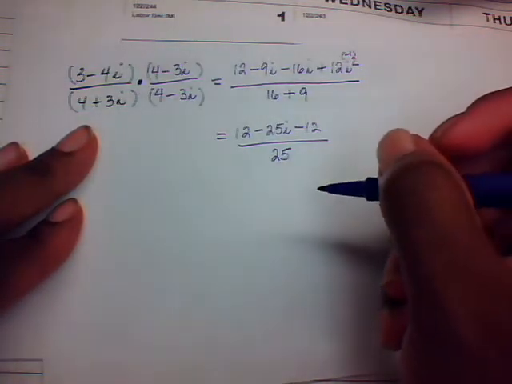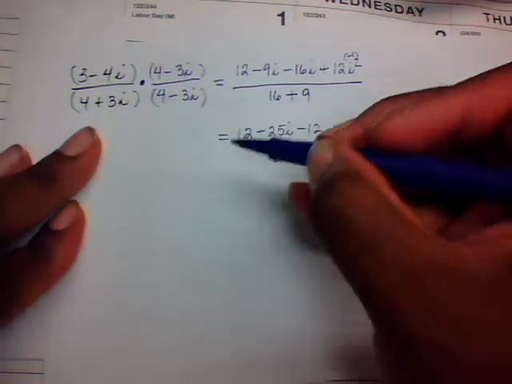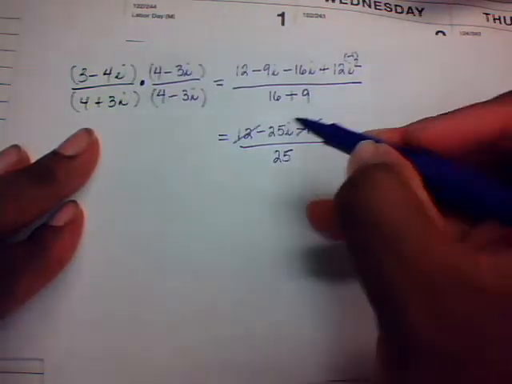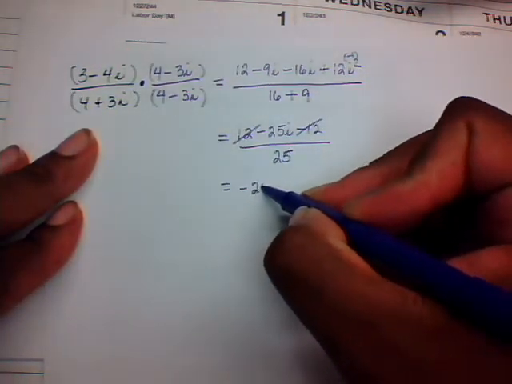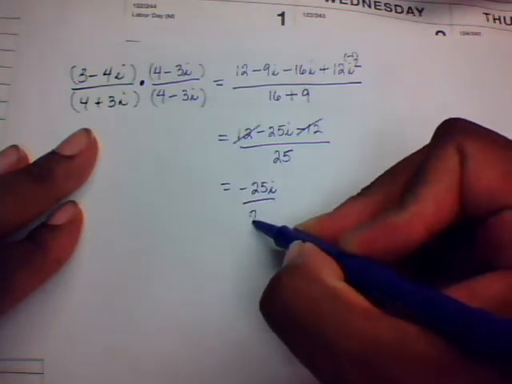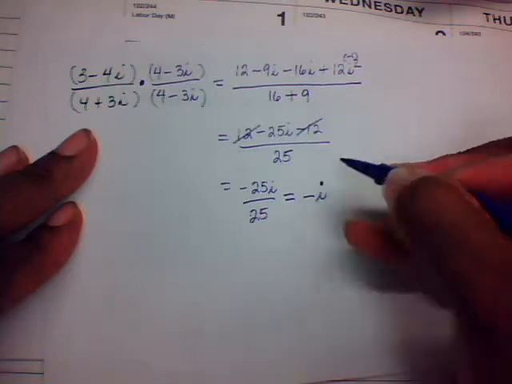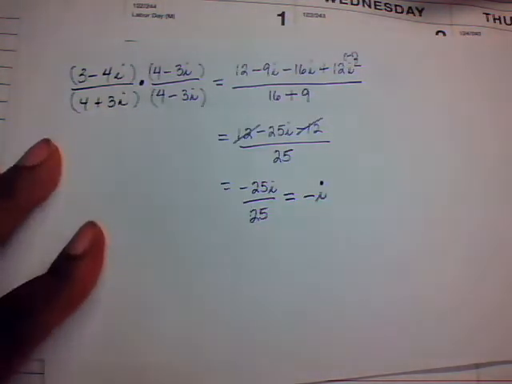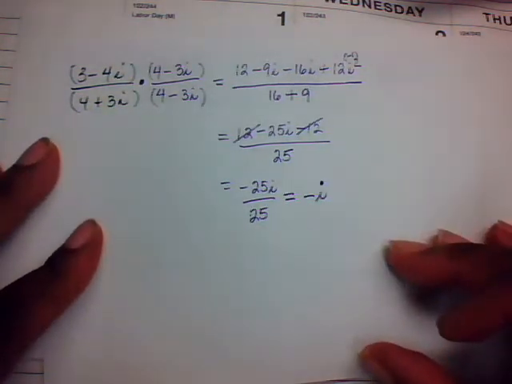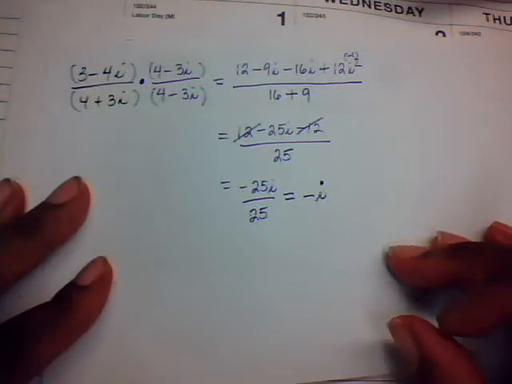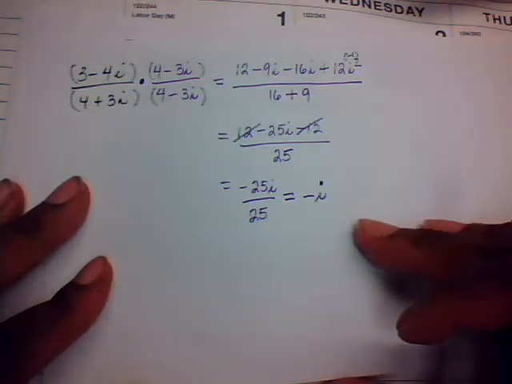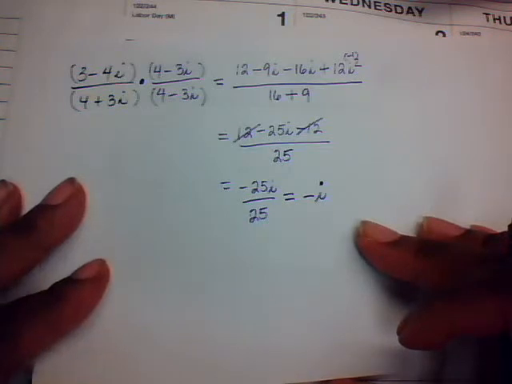That's 25. And here in the numerator, these 12s are gone. I'm left with negative 25i divided by 25. And that's simply going to be negative i. So here, when you simplify this, your final answer, of course, will be simply negative i.